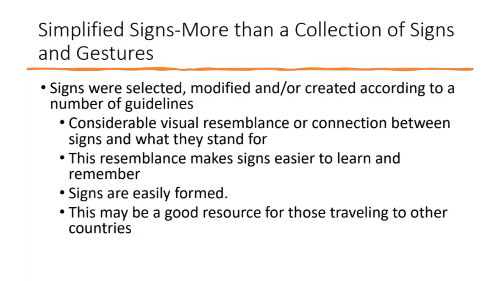These are the reasons that the signs in both this course and volume 2 of the Simplified Signs book were developed. They have a considerable visual resemblance. They're connected to the signs and what they stand for. And when we practice some of those signs later, you'll see this.